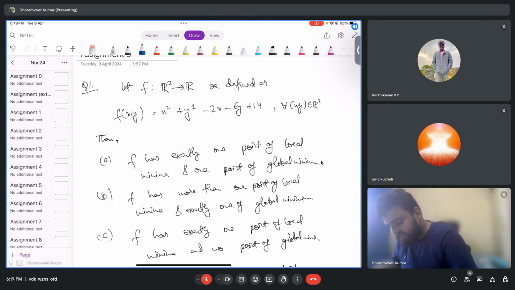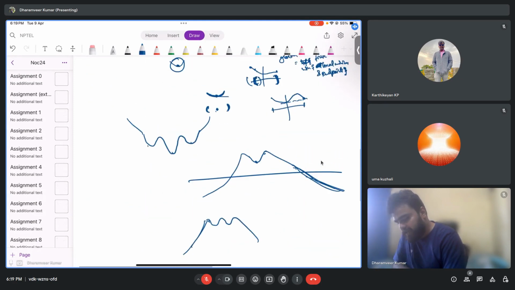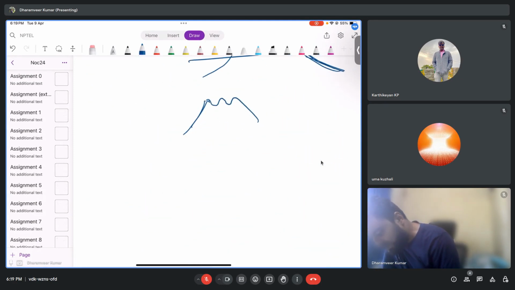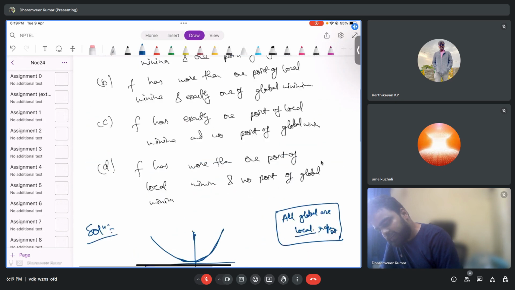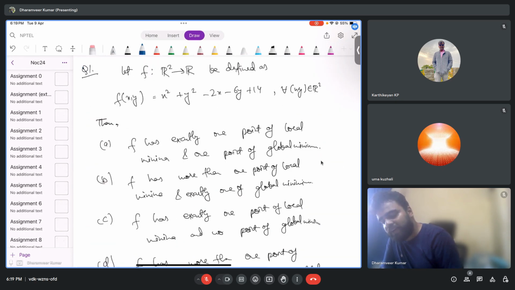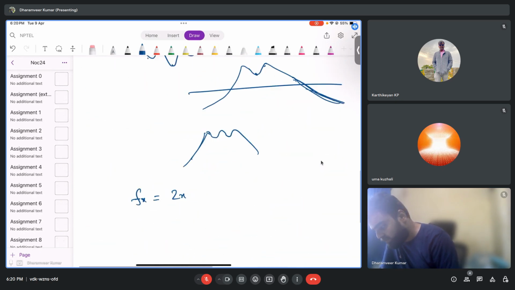So now let's start with how we usually solve it. Let's find what fx is. This is the derivative with respect to x. This is nothing but 2x for x square. It's a partial derivative, all the y terms will go to 0, and then minus 2.